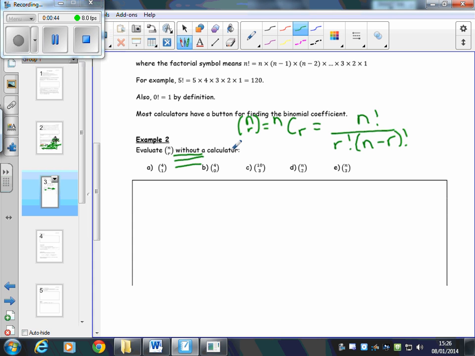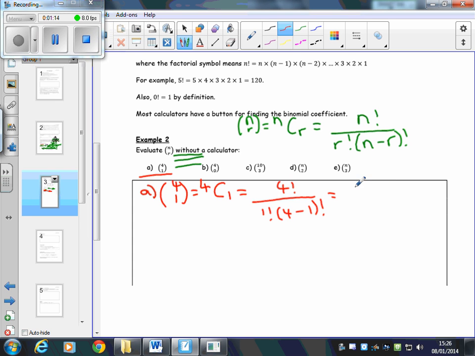So even though there is a way of typing it into your calculator, in this question we are not using calculators. So firstly, part A, we have 4, 1, which means 4C1, which is equal to 4 factorial divided by 1 factorial times (4 minus 1) factorial.